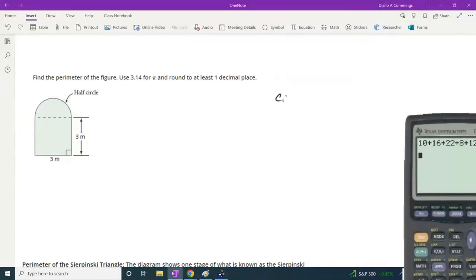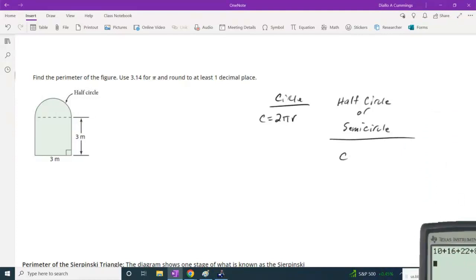So the circle, the circumference is 2 times pi times r. For a half circle or semicircle, if I wanted to find the circumference, I would take the circumference and I would just cut it in half, right? I would just divide it by 2.